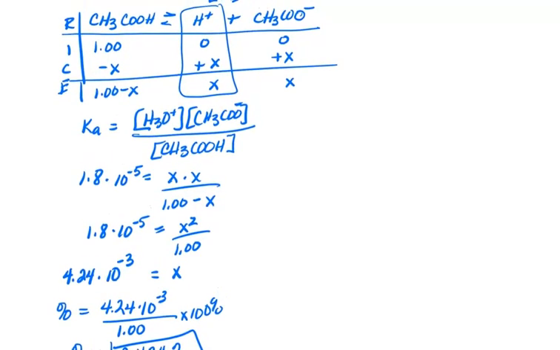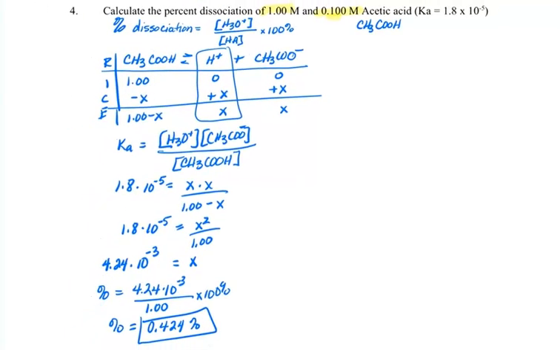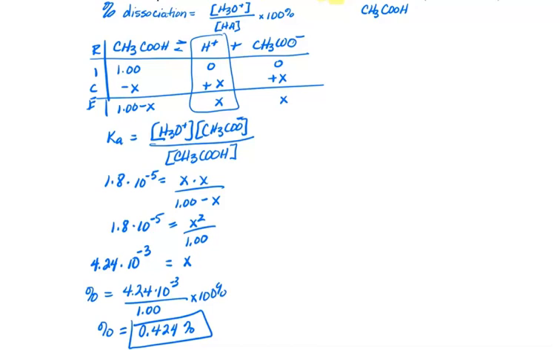Now we're going to repeat that problem with a 0.1. I don't think there's any need to rewrite the whole thing, because all we need to do at this point is change out the 1 for a 0.1.